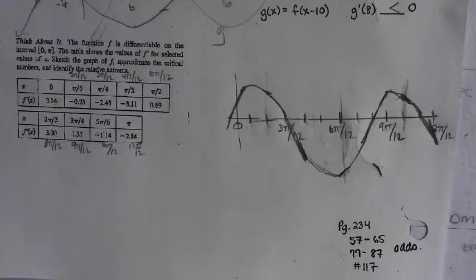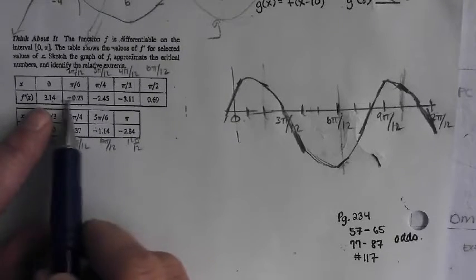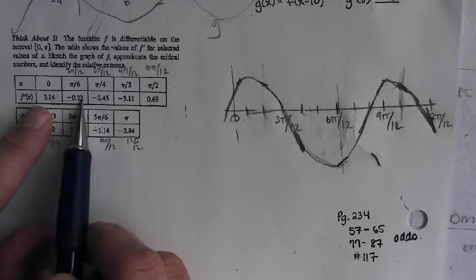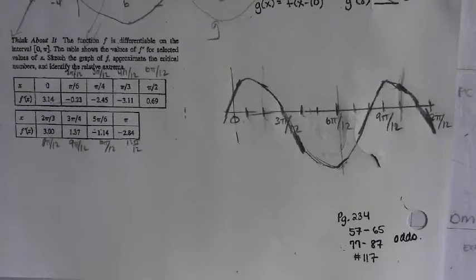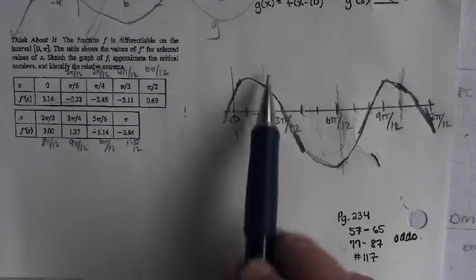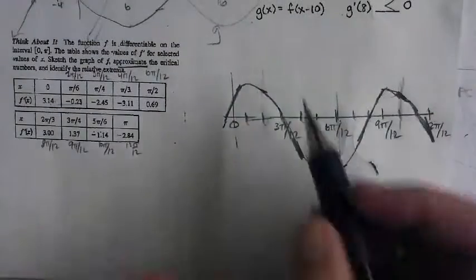So sketch the graph, approximate the critical numbers. Critical numbers are where your slope is 0 or undefined. It's never undefined, but it's 0 somewhere between 0 and pi over 6. Pi over 6 is 2 pi over 12. It says approximate, so don't get wrapped up in this.